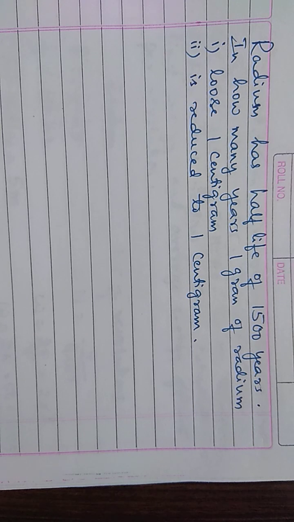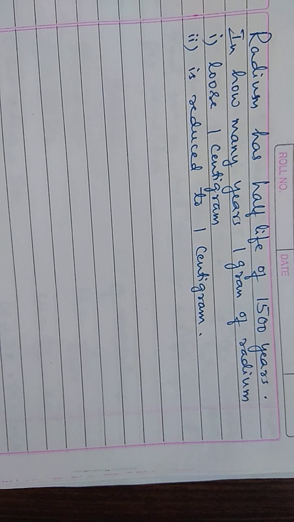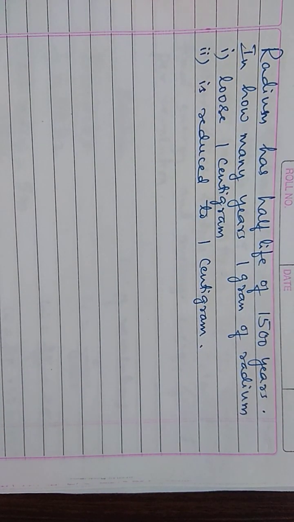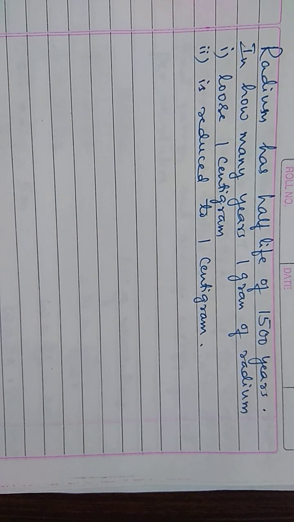Question number 2 is reduces to 1 centigram, so you be careful about that. How much is the amount it is lost? How much is the amount it is reduced? So we are supposed to answer these questions first. That means we are supposed to think about what you mean by the first question and what you mean by the second question.